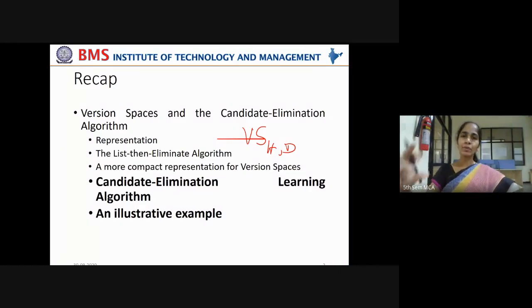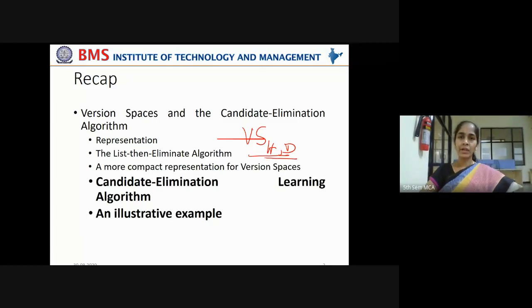These two sets will shrink as much as possible as the version space learns better and tries to get a more general concept to predict any new data point. That is called the version space.